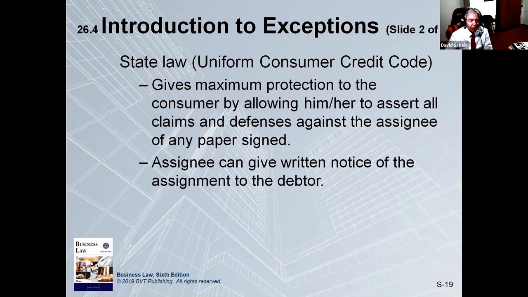If you have received negotiated paper, and you have not received the value of your bargain, the other side cannot assert that they're a holder in due course. Let me give you a very straightforward example.